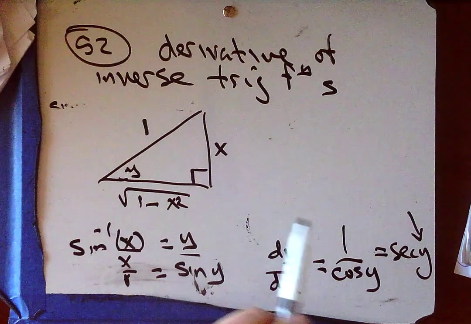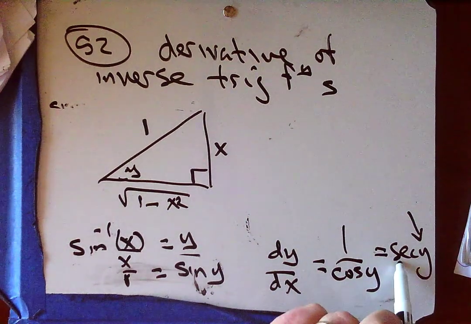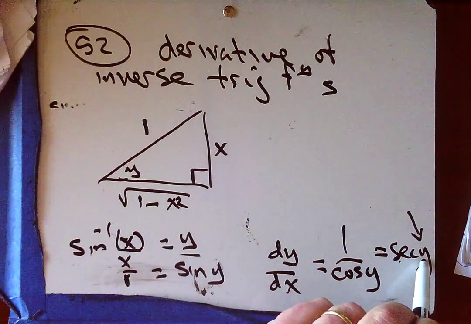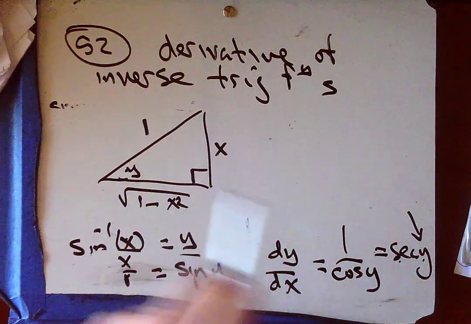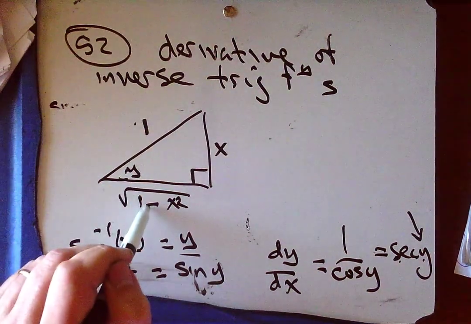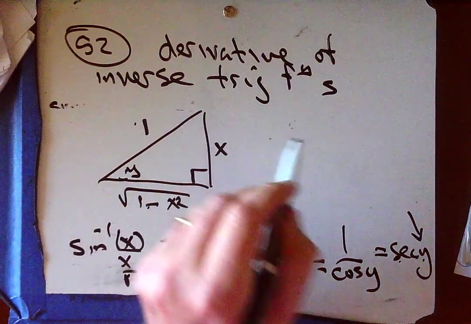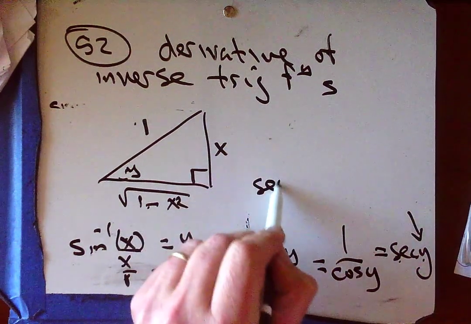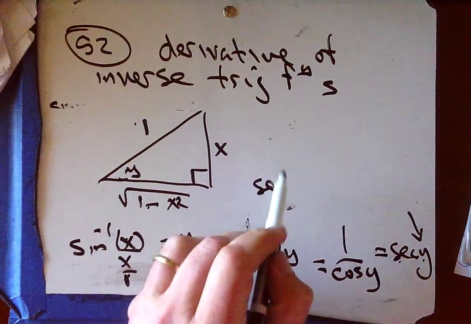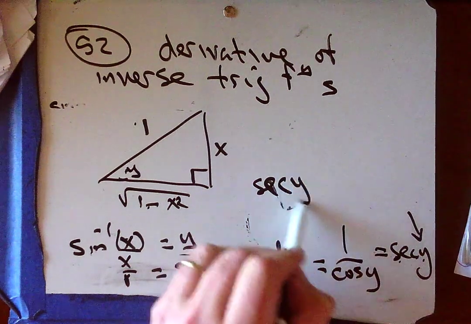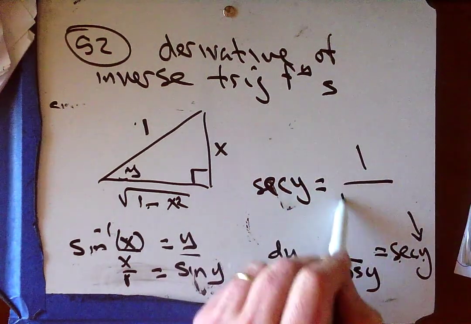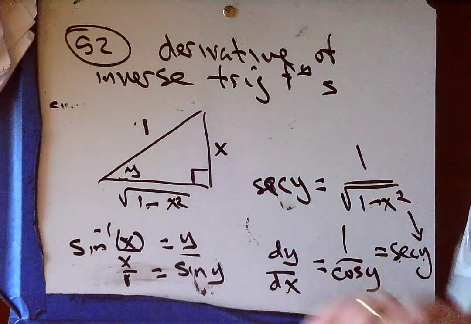So now we want to say, what's the secant of y? Well, the secant of y is hypotenuse over adjacent. So secant y can be rewritten as 1 over the square root of 1 minus x squared.